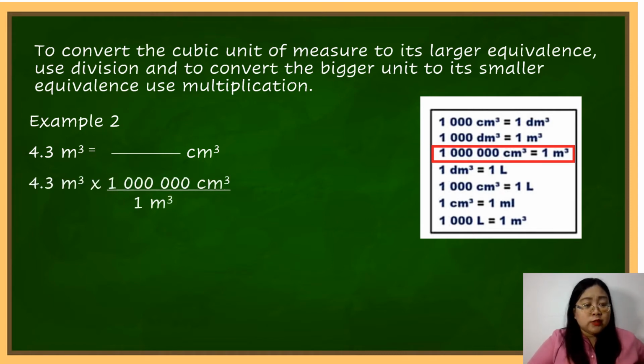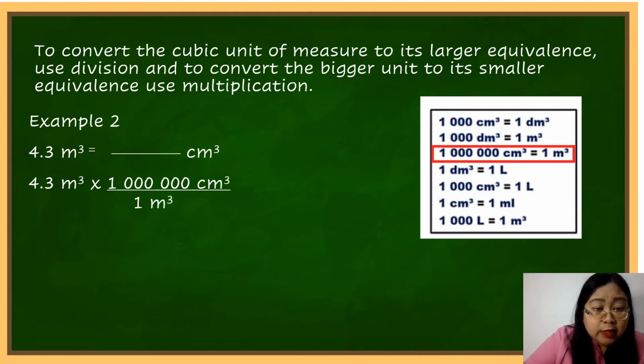So let us answer. 4.3 cubic meters times 1 million cubic centimeters divided by 1 cubic meter.